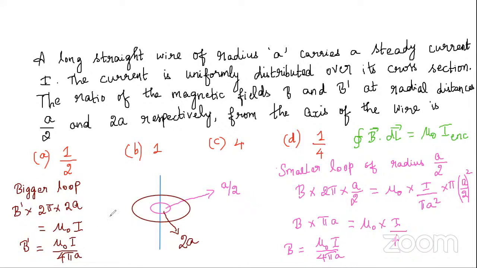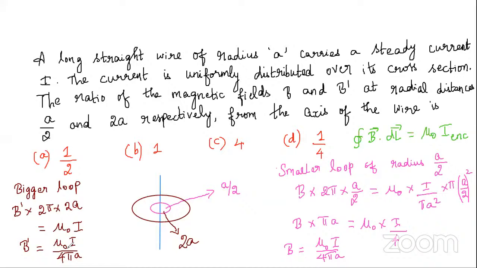So now what is the ratio of the magnetic field? Here you see for B also it is mu naught I by 4 pi A, and B prime also it is mu naught I by 4 pi A. Then what is the ratio? It should be 1. Okay, 1:1 or 1.